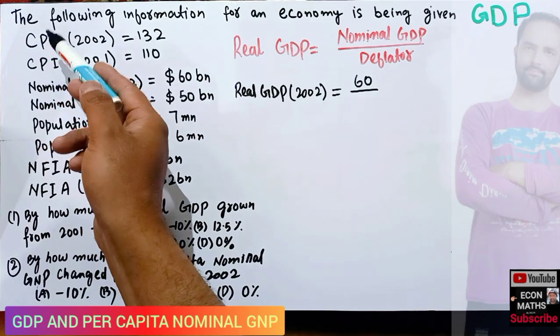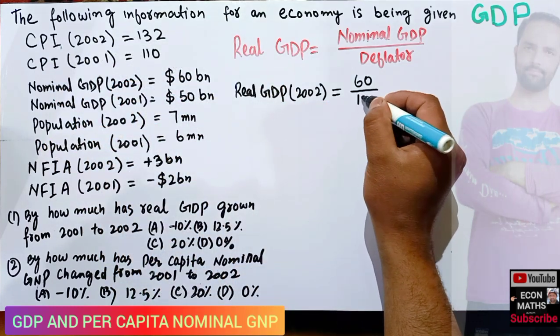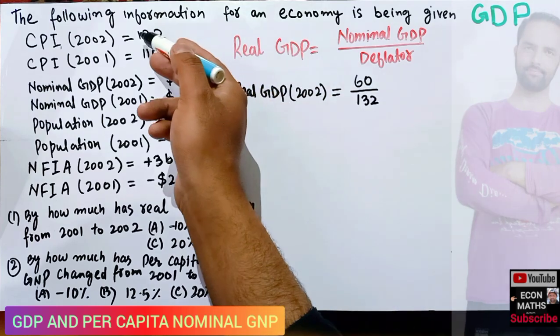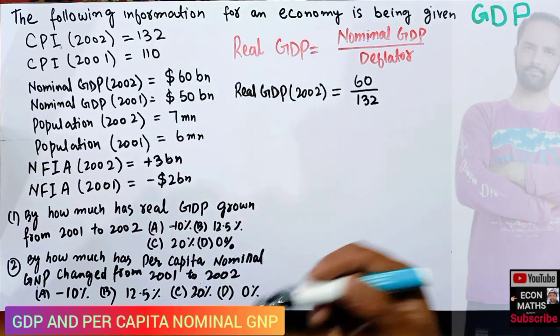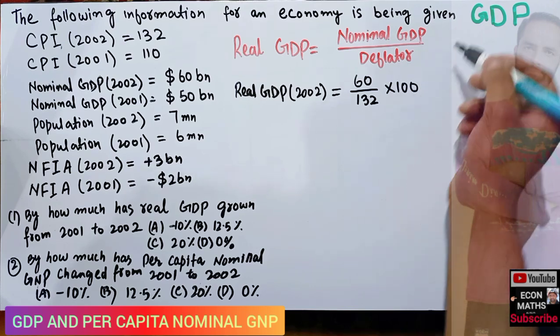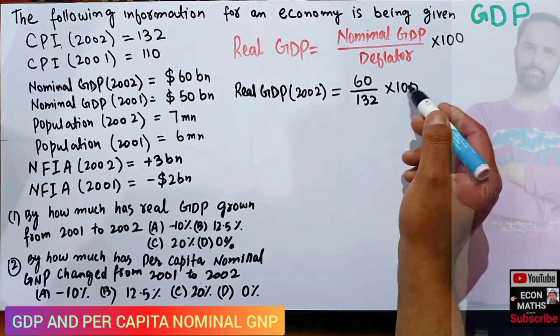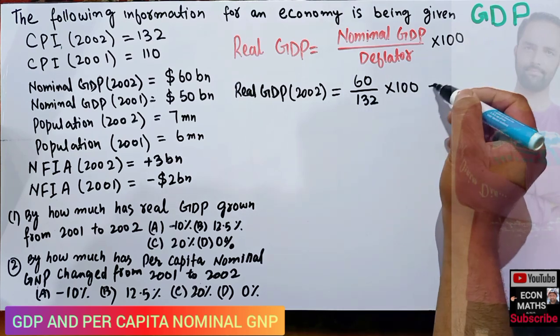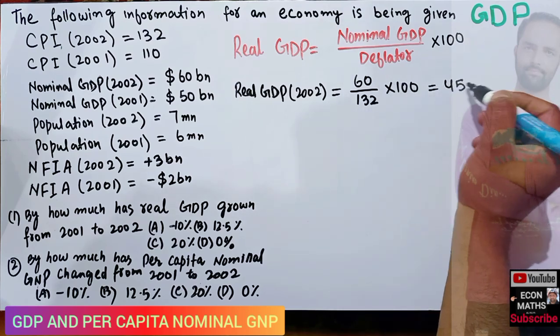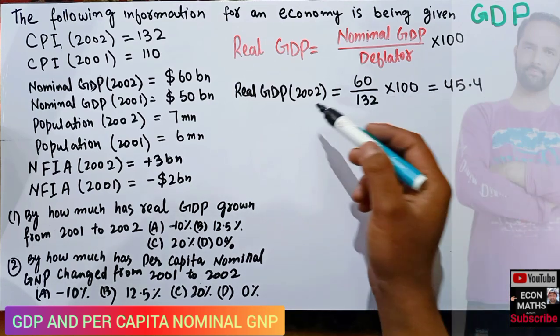That means consumer price index. Okay, so the index is being given to us as 132. It means actually 32% inflation. Into 100. I forgot to write here 100. So when you calculate this, it will come out to be 45.4.